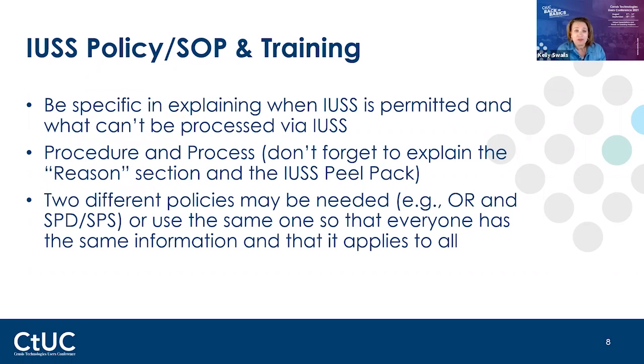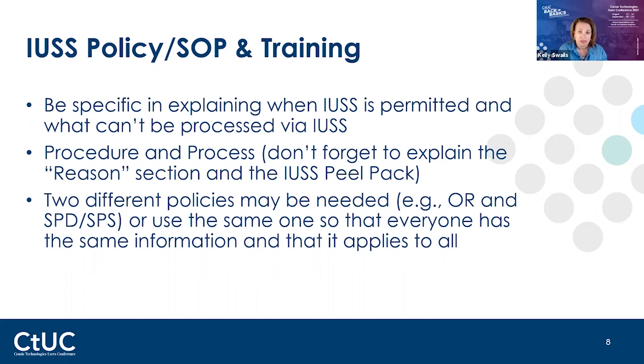Along with that, then you're going to look at your policy. So many times people will say, well, do you have a policy with IUSS? Do you have any kind of SOP that you recommend we can use? And we don't, because everything has to be hospital specific. And when you're creating these, it's always that life or limb you've taken into consideration, but what I consider life or limb versus what you consider life or limb could be two different things.